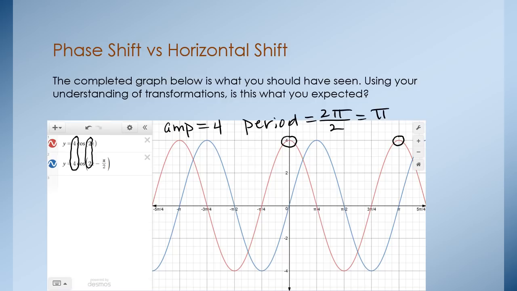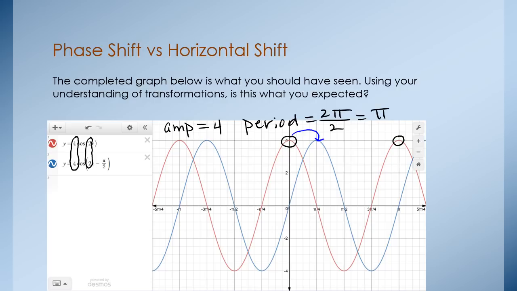What is unusual, and maybe what you didn't expect, is that in this particular function, if I started at 0 and had a maximum of 4, my new blue function actually has a maximum at pi over 4.